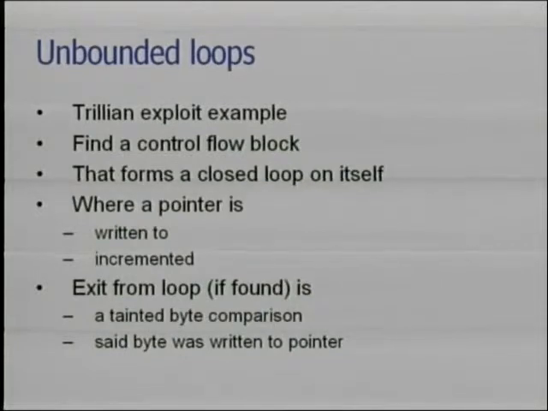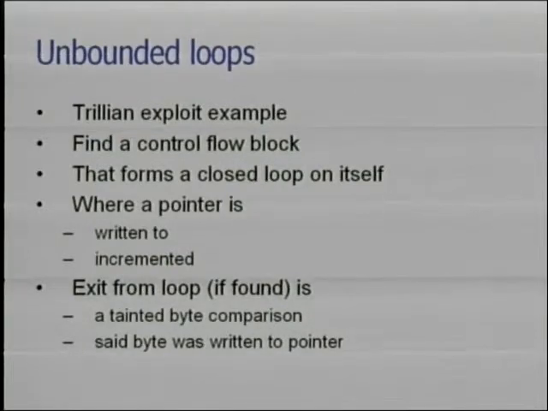This is also very similar to what we saw with the MSRPC DCOM, like the Blaster worm, where there was an unbounded loop looking for a backslash in the computer name. So this is what we use to find loops. We find something that's closed on itself, and there's a pointer. This pointer is being used for two things. It's being used to write out a value, and it's also being incremented.